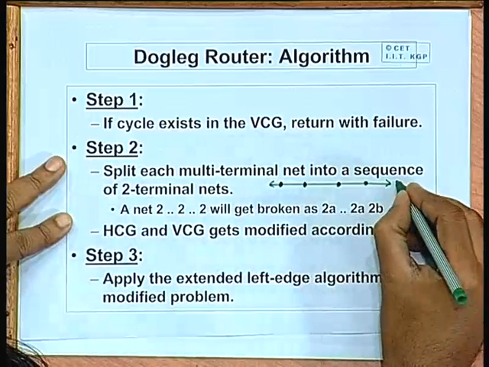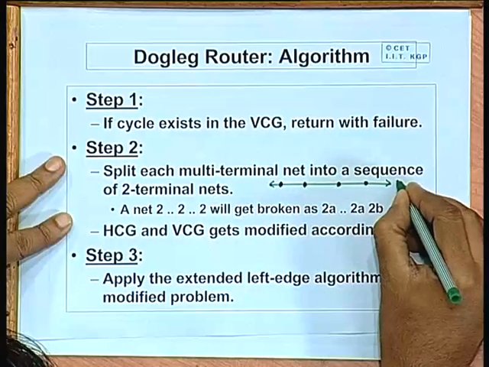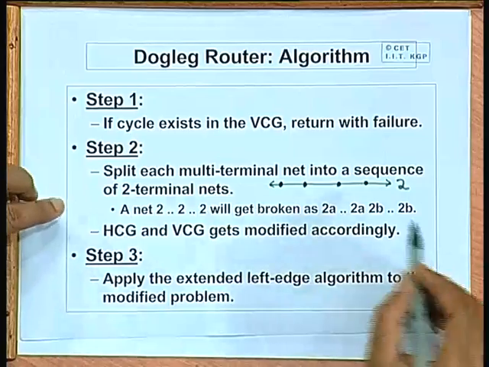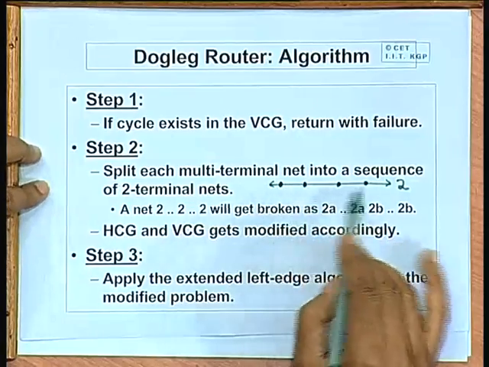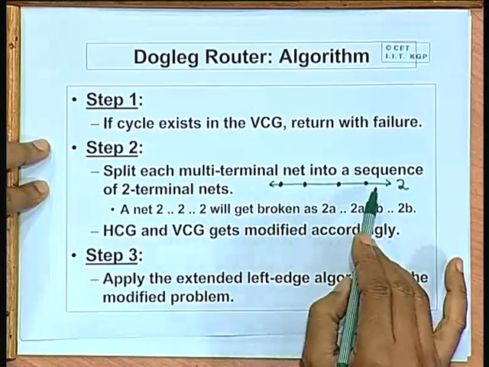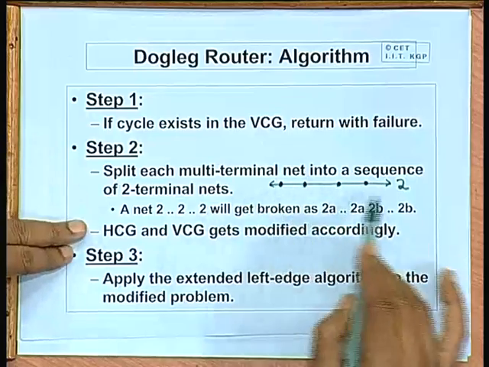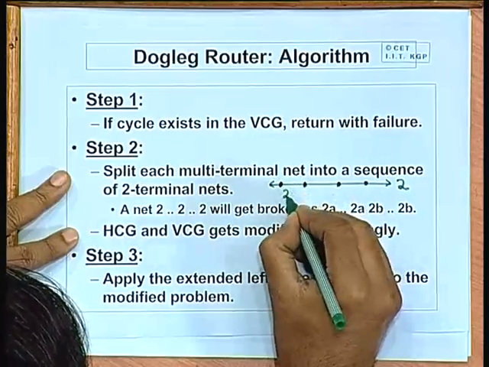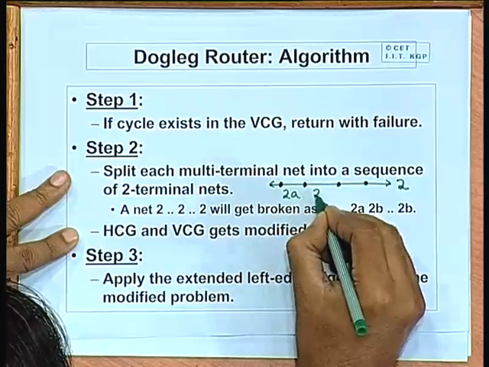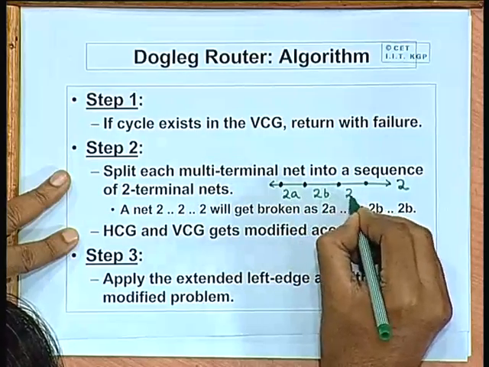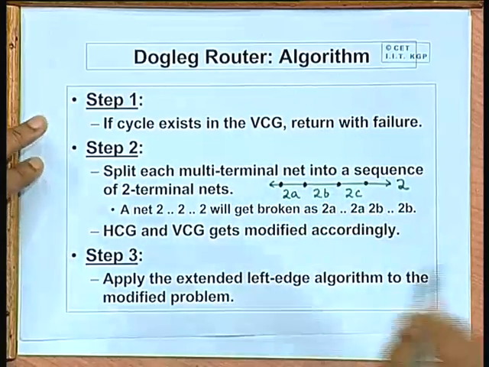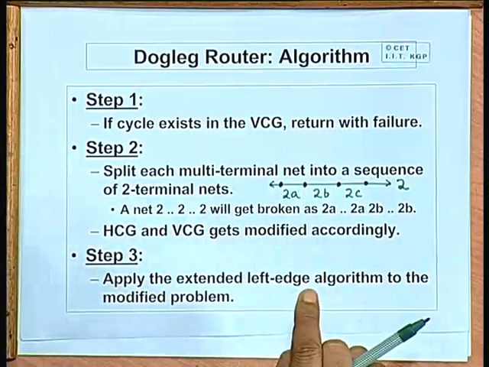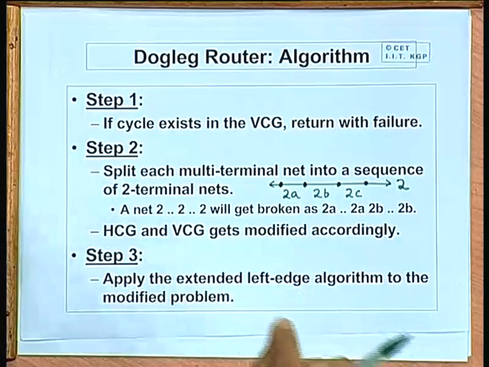Suppose this is the span corresponding to net number 2. So, in the original subproblem all these terminals were labeled as 2, 2, 2 and 2. Now, when you split it up, you call this net segment 2A, call this 2B, call this 2C, which means for the first segment the pair of terminals will be labeled as 2A and 2A.